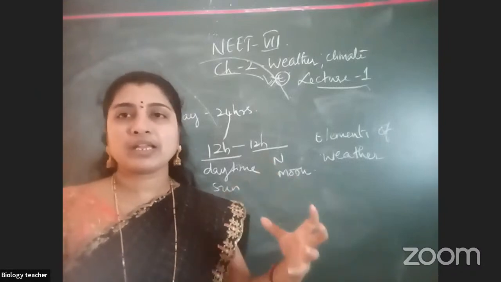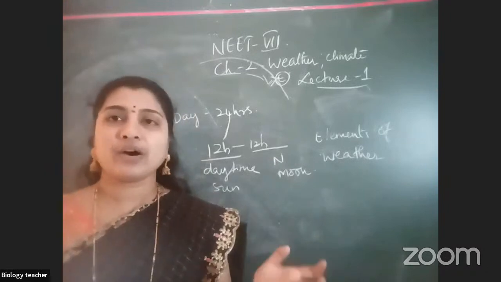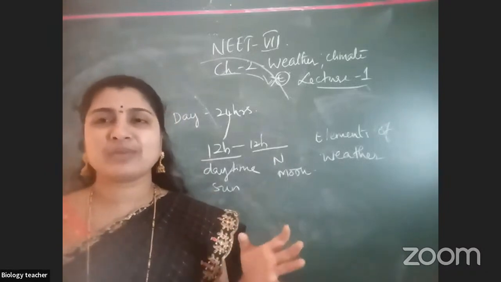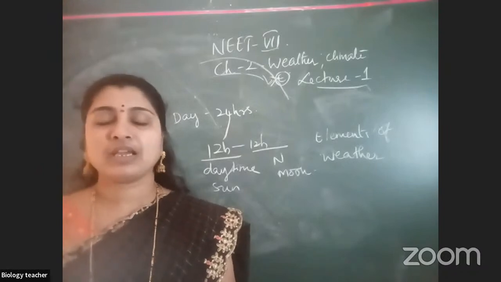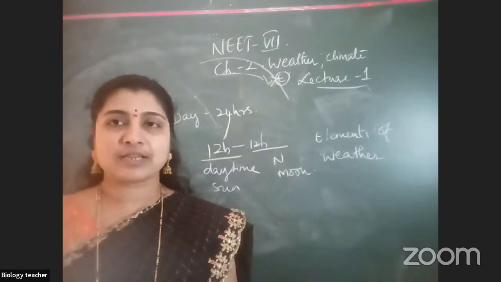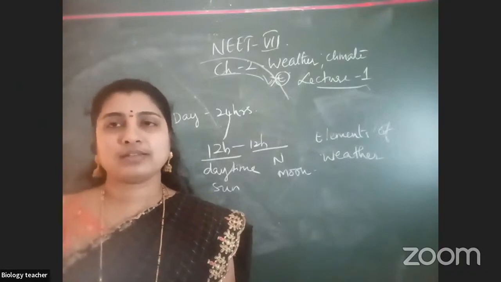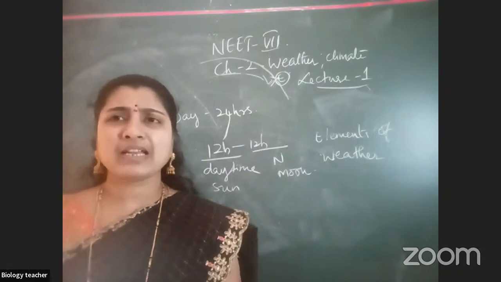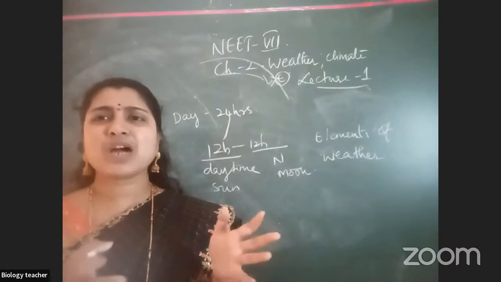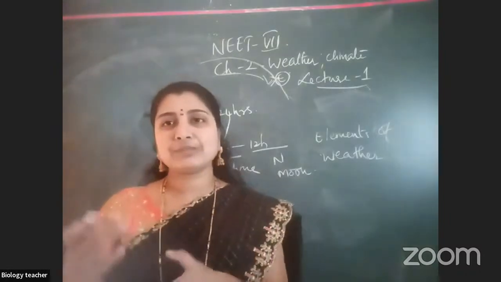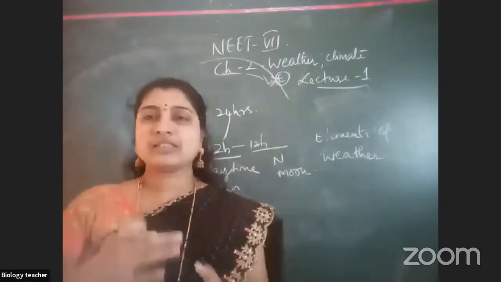If we wake up early in the morning at 6 o'clock or 5:30 or 7, the temperature will be somewhat cool in nature. During the winter season afternoon, we feel somewhat hotter than the morning. And in the night time, we feel more chilled when compared with the morning. Means temperature is changing for each minute, each hour.